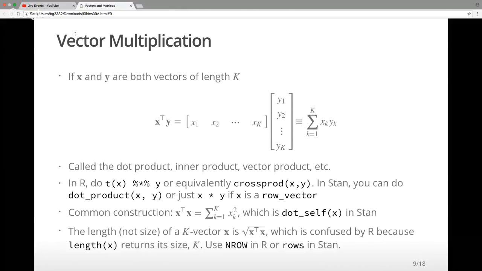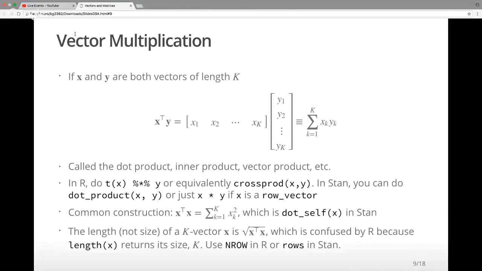This property of vector multiplication is very important for defining an algebra in the strict mathematical sense, which we're not really going to get into, but you definitely need to know that vector multiplication outputs a scalar, and you need to know how to do it.